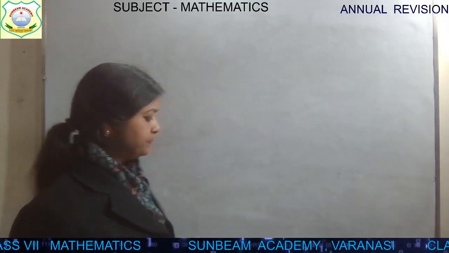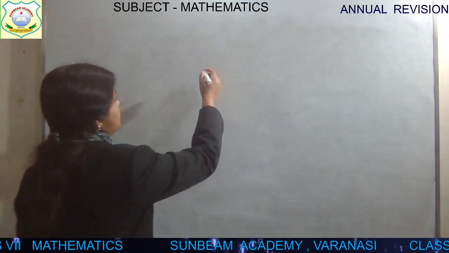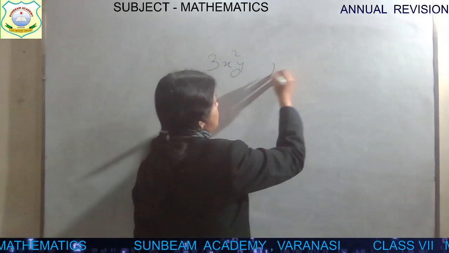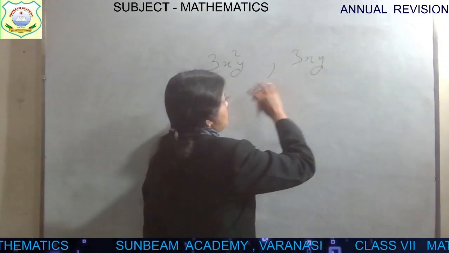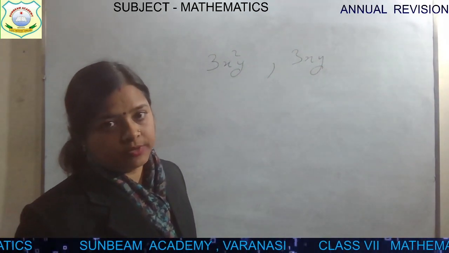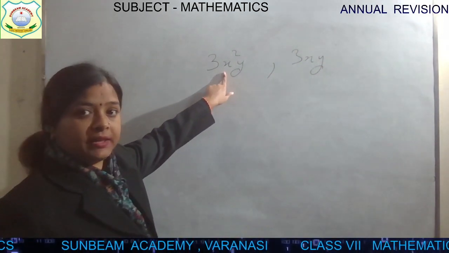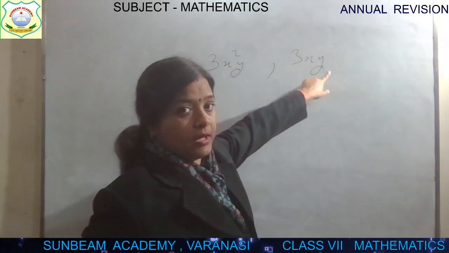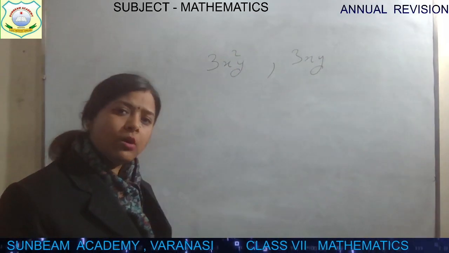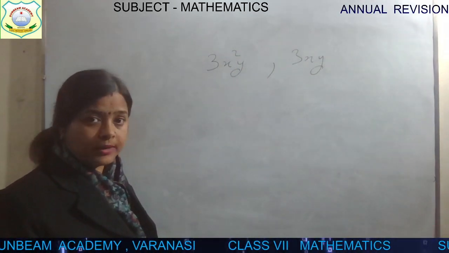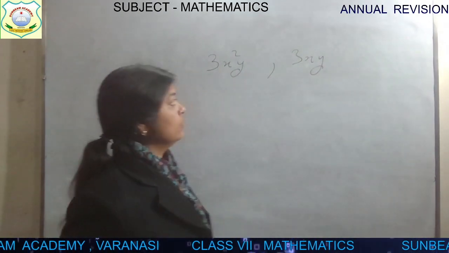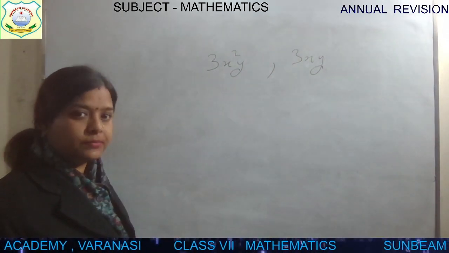For example, if an algebraic expression is 3x square y and another is 3xy, so these are two algebraic expressions, you can't add them, children. Both have the same variables x and y, but their power is not the same. X is in the square and here x is only 1, it's not square. So we can't add as well as we can't subtract.